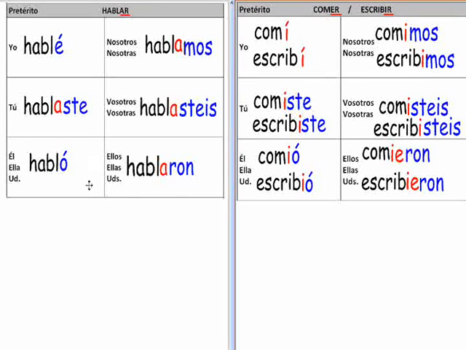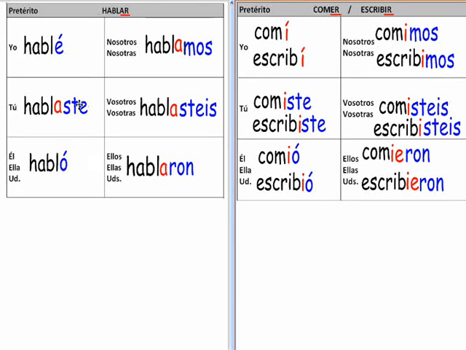Even in the él, ella form, they share the same ending, although in the ER and IR verbs, we have this extra I before, comió, escribió. But the nosotros form shares a mos, vosotros shares a steis, and the third person plural, or the ustedes form, share ron at the end. So there are some similarities.